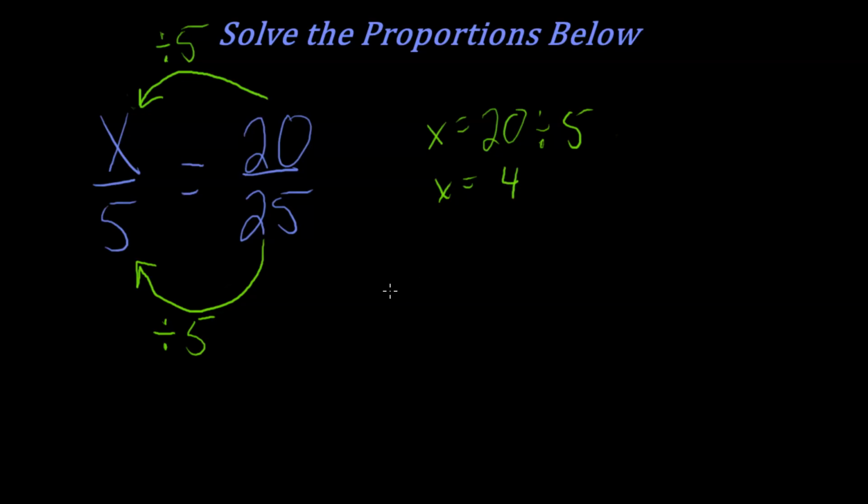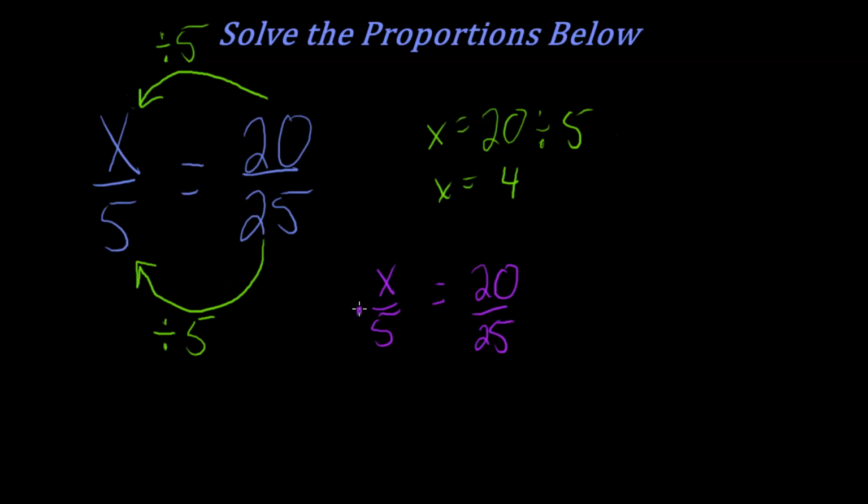Now we're going to get into another quick example that leads into how we're going to go about solving proportions. You can do a little bit of algebra. We have x over 5 equals 20 over 25.